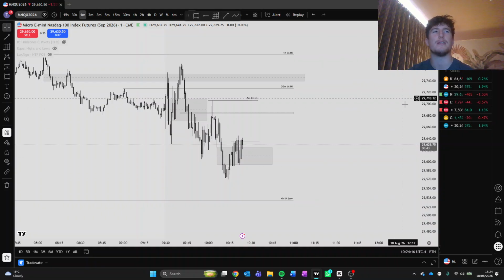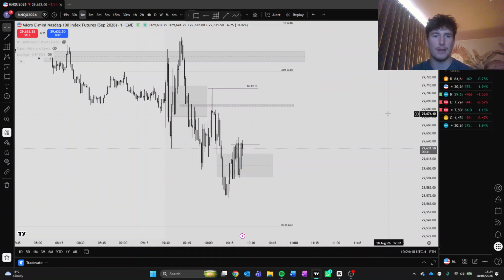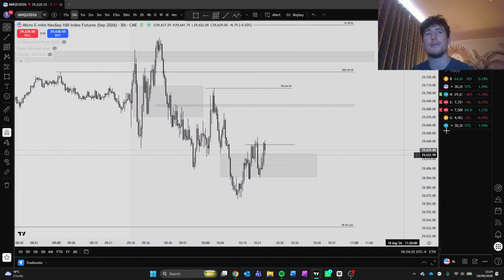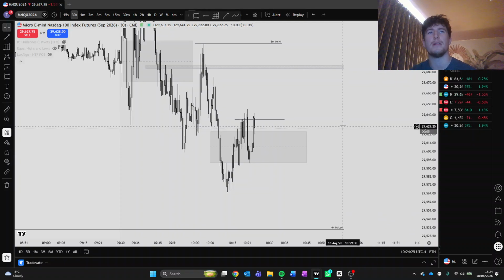That's why I wanted to take it, but I realised that I didn't take it, and it would have been a loss by the looks of things.